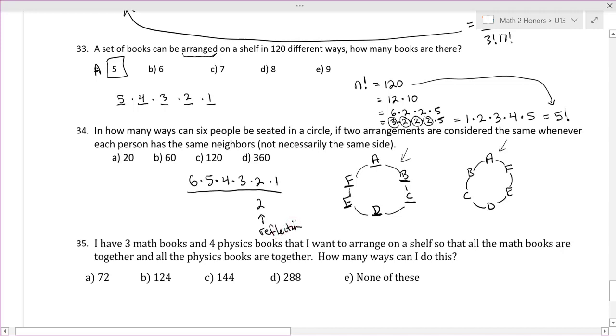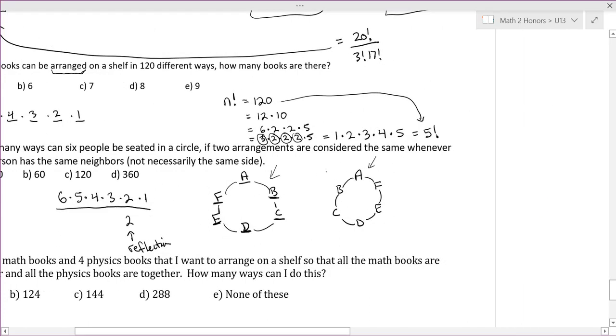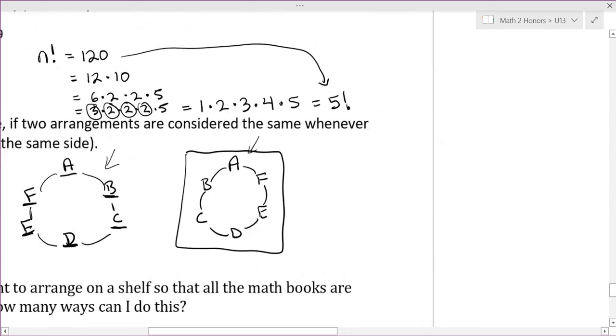Not only do we have to worry about reflections, but what about rotations? So again, let's say I take this bracelet, the one I'm putting a square around here, and leave it like that, but I just rotate it once so that the B is on top and the A moved over here, and then the F, E, D, and C. So it's still the same bracelet.